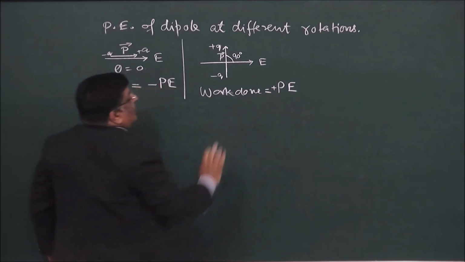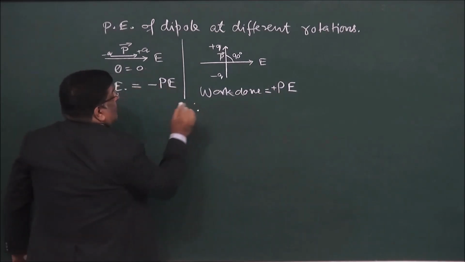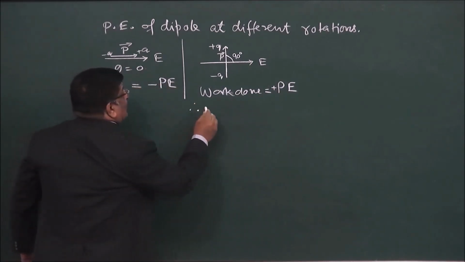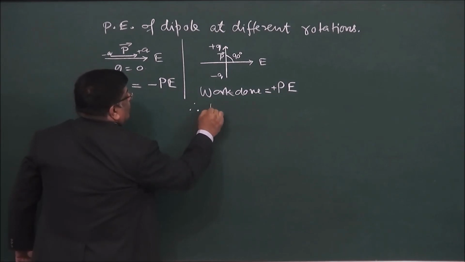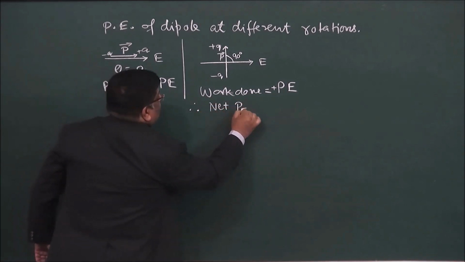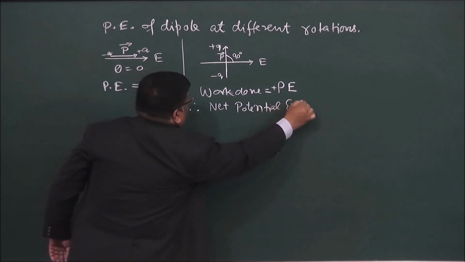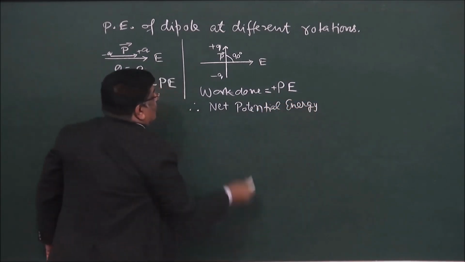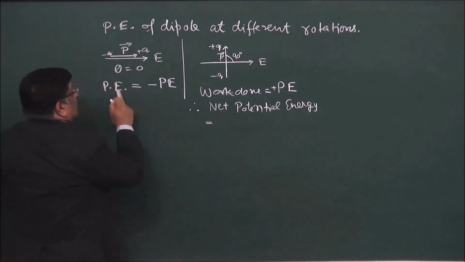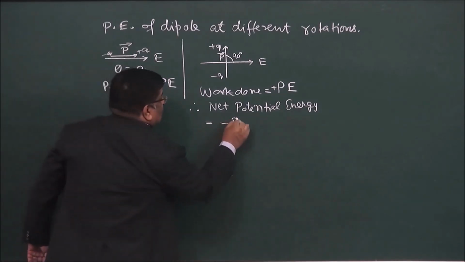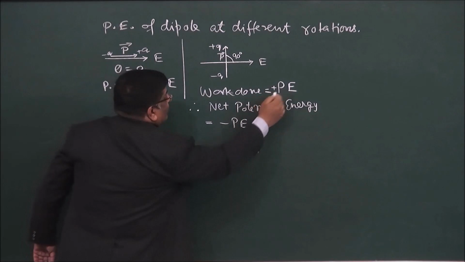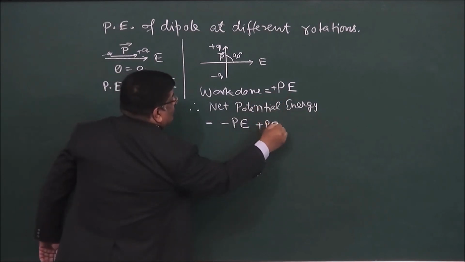Therefore, what is the net potential energy? Net potential energy is equal to, what was potential energy here? Minus PE. How much work we have done? Plus PE.